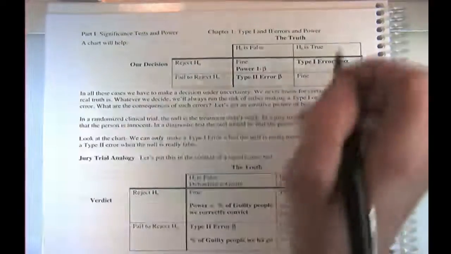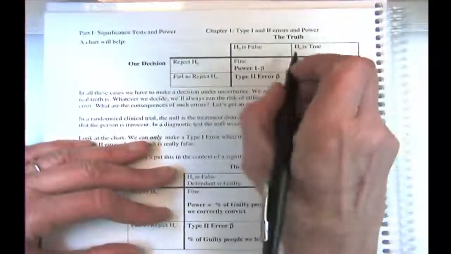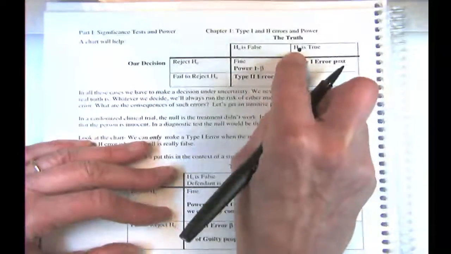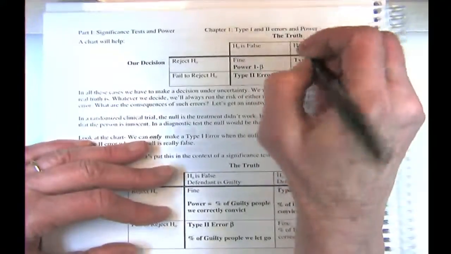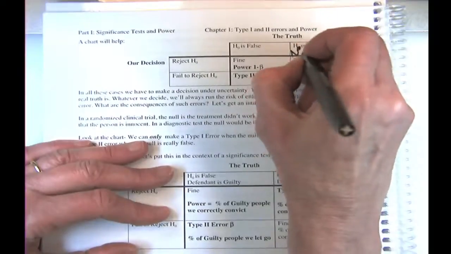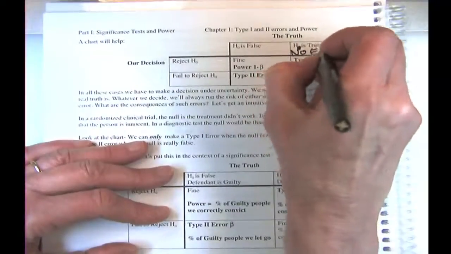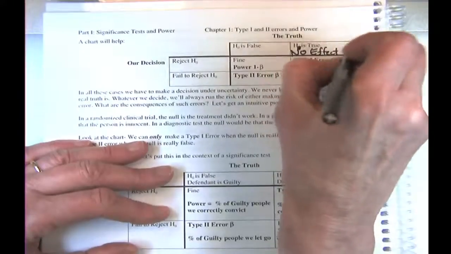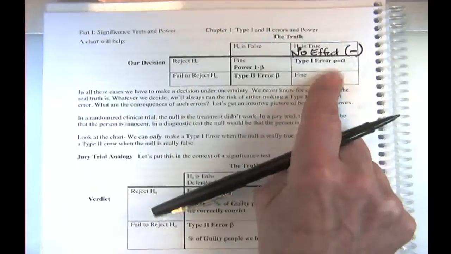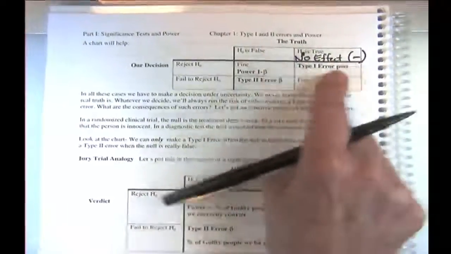So let's think about this because it's so many double negatives. So this is H naught is true. Think of naught as nothing. So that is the truth here, that there is nothing going on, no effect. And when there's no effect, there's only one type of error we can make, false alarm.